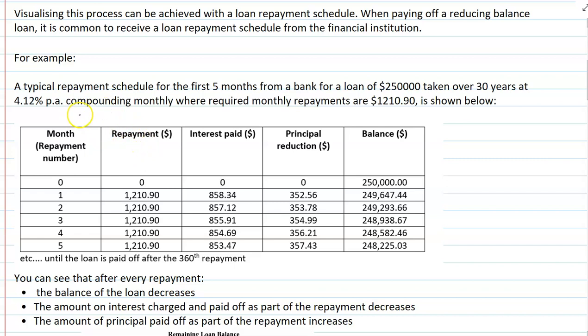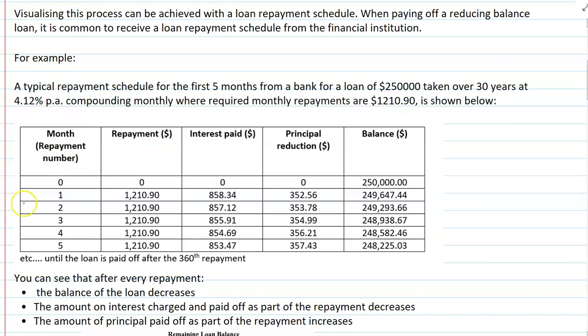And this one is based on the first 5 months of paying back a bank loan of $250,000 that's been taken over 30 years at an interest rate of 4.12% per annum, compounding monthly. And the financial institution has told you that you've got to make monthly repayments of $1,210.90.